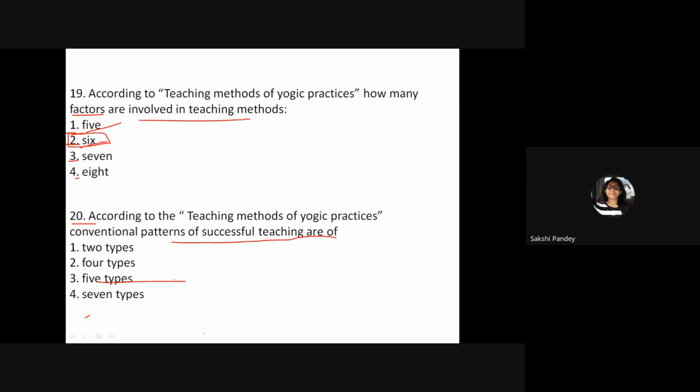Which 7 types are you talking about? Conventional means traditional, teacher centered.